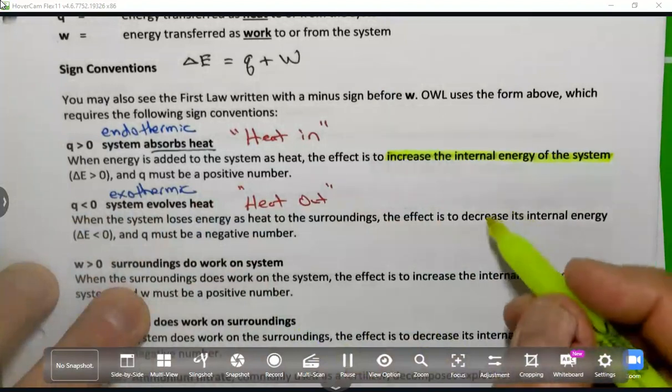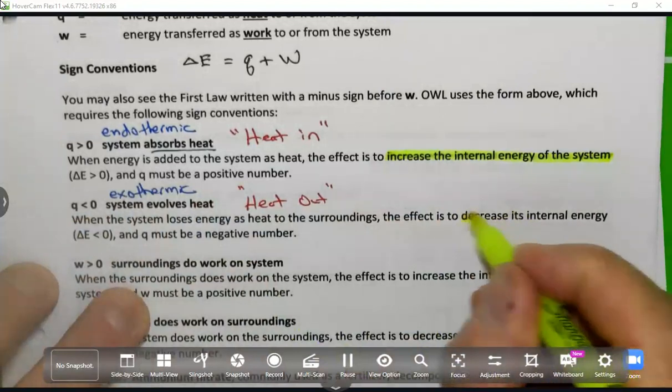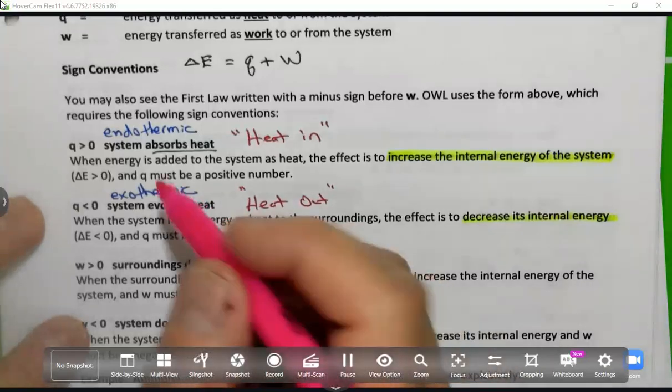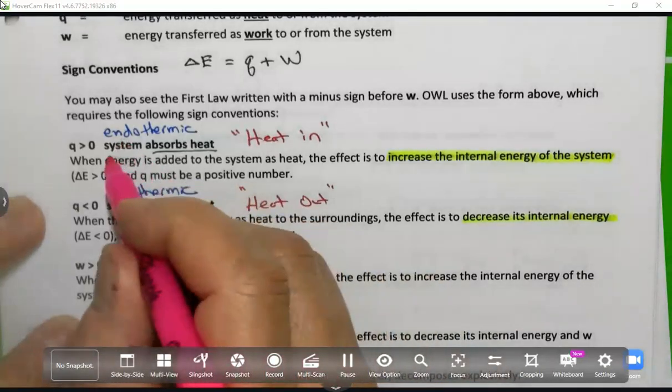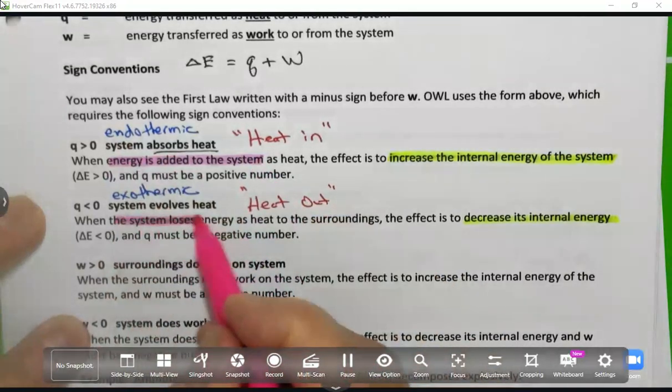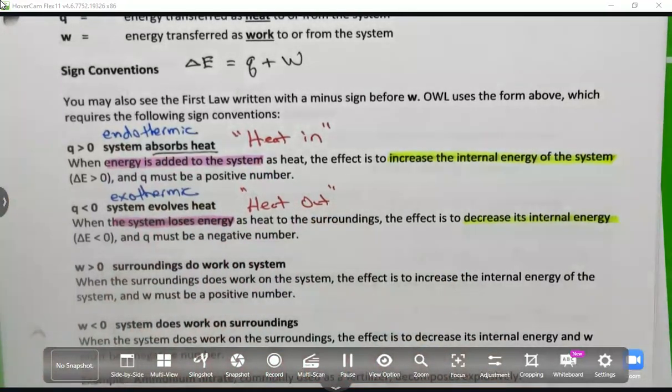And there is a decrease in internal energy. Let me take a highlighter in here. Energy is added to the system here. The system loses energy. You get heat out.